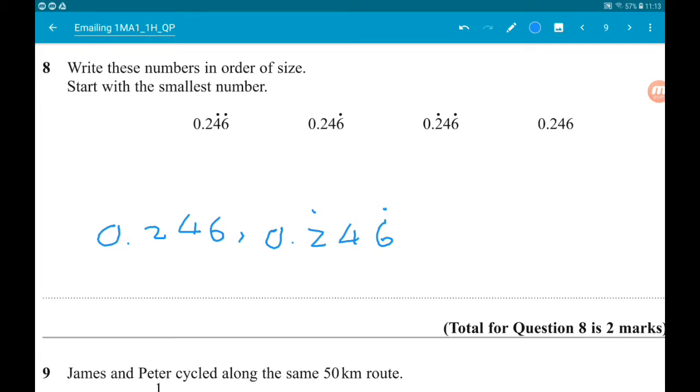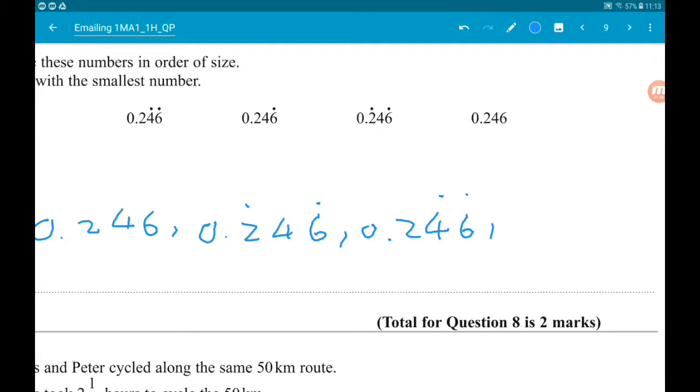Okay, then the next one will be the first one, because the next digit after the 6 is 4. And then the last one is cool.